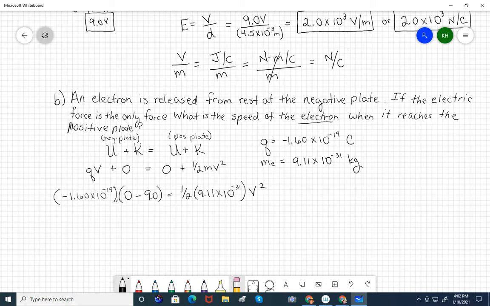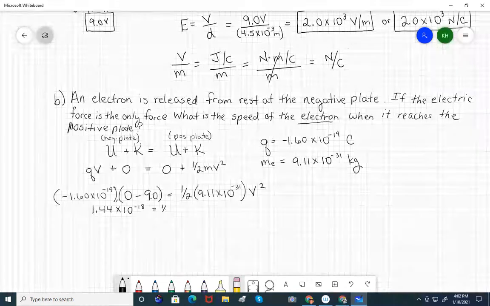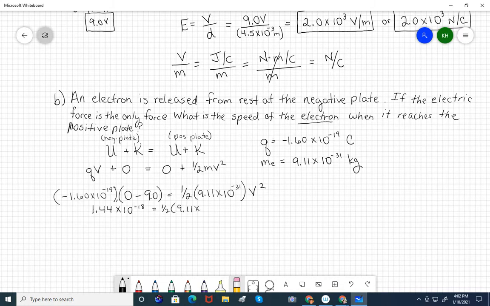This comes out to be 1.6 times 10 to the negative 19 times 9, which is 1.44 times 10 to the negative 18 equals 1/2 times 9.11 times 10 to the negative 31 v squared. And now we just have to do the rest of our algebra and solve for v.